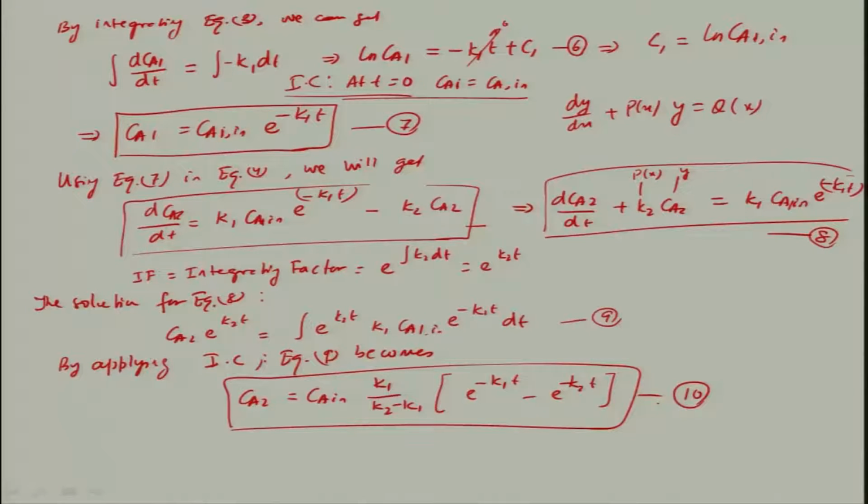Now we will have to look at the expression for CA3, and we will have to use equation 10 here. Why? Because if you recall, equation 4 is expressed in terms of CA2, and we know that dCA3 by dt is nothing but K2 CA2.